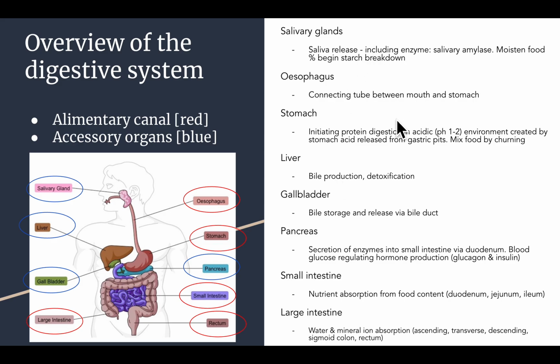That's where protein digestion happens, because it has a suitable pH range of 1 to 2, and it's very acidic.